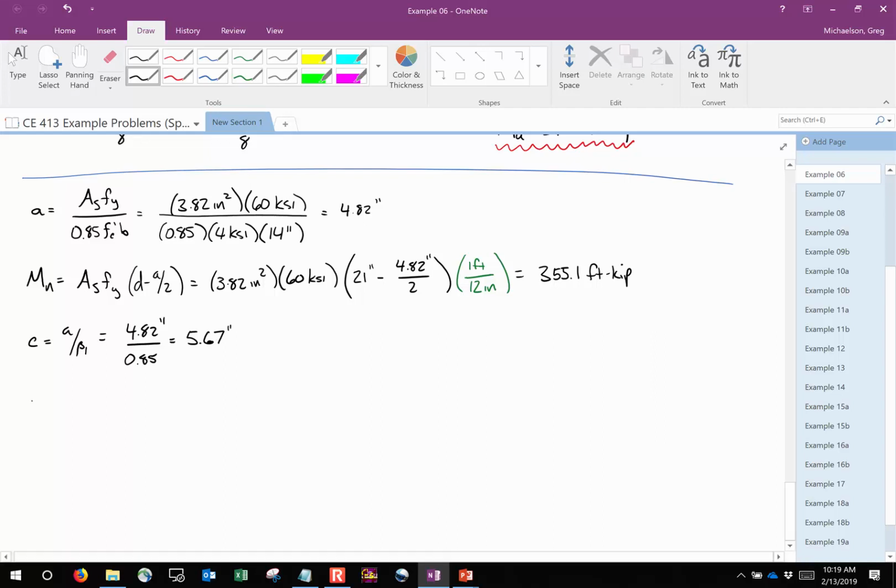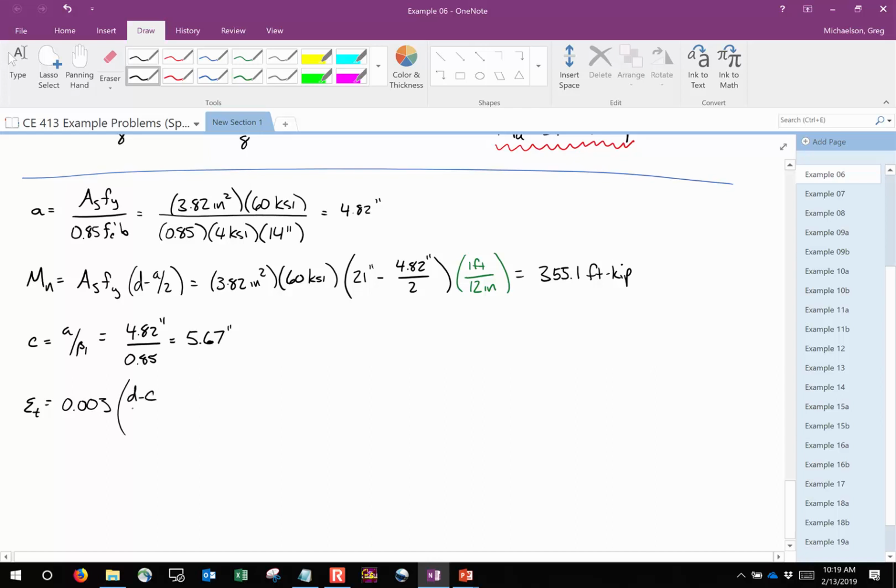Now, what do we need? We need the strain in the steel. What do I do? Somebody over here tell me what to do. Y'all been talking too much. 0.003, two zeros. There we go.